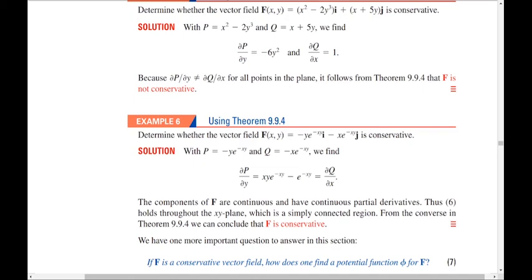One thing we have shown using theorem 9.9.4 is that we can easily check whether the given vector field is conservative. The next thing to move forward is, if F is conservative, what will be the potential function corresponding to F. We shall deal with that question in our next session.